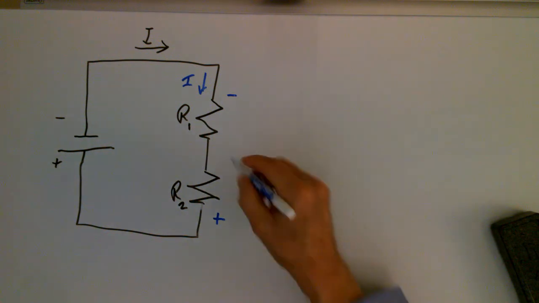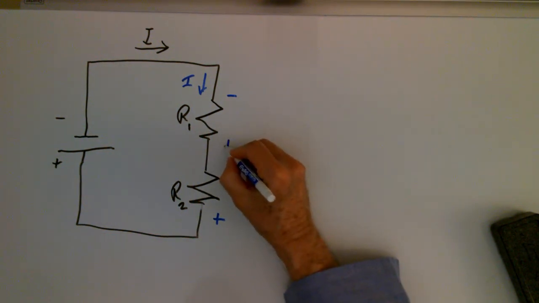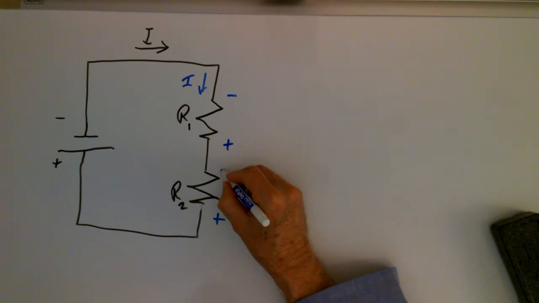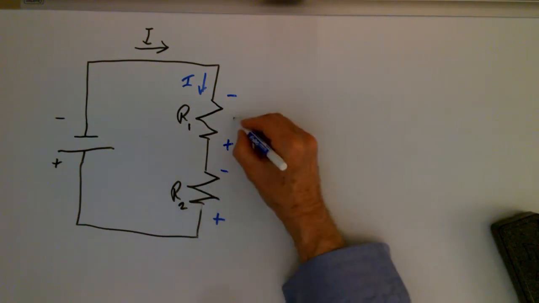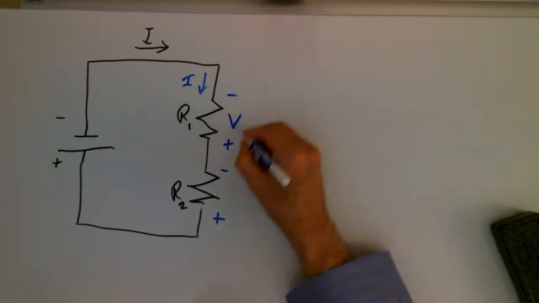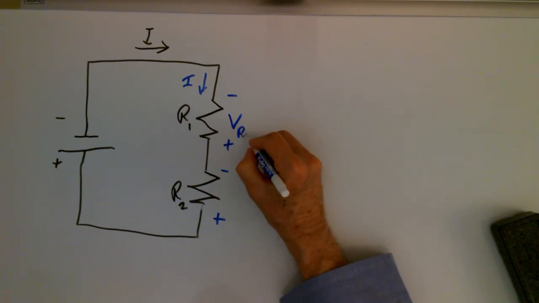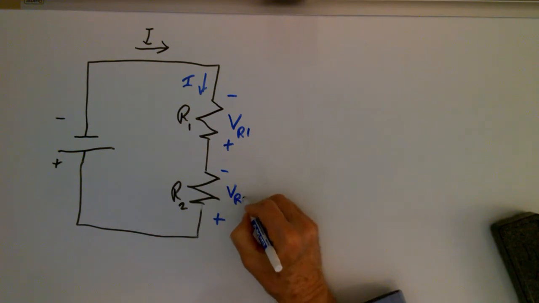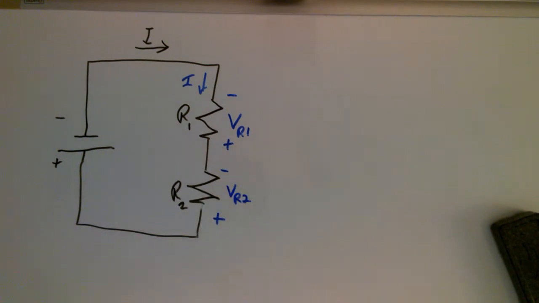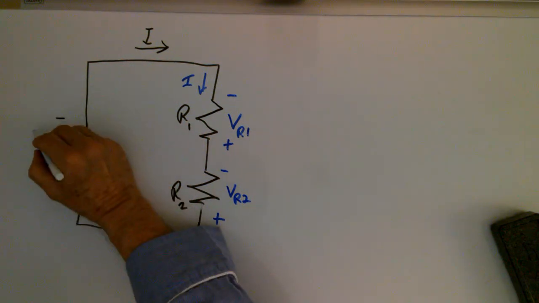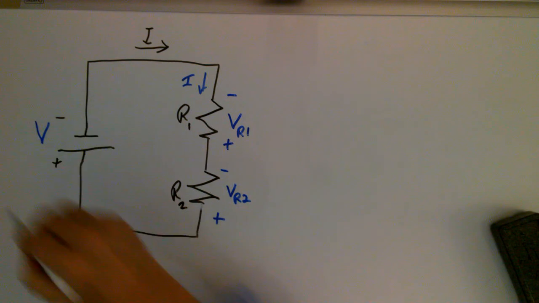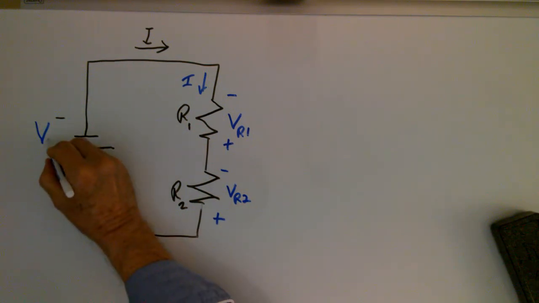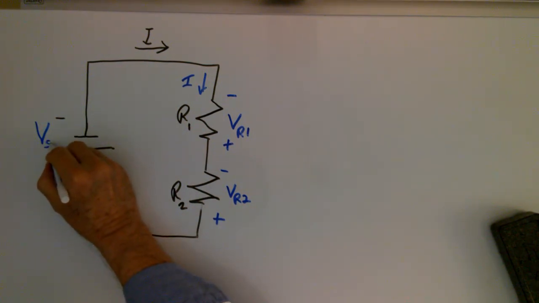So what I would find is I've got a voltage drop here, and I've got a voltage drop here, and we'll call this one the voltage drop across resistor 1, and this one is the voltage drop across resistor 2. And this, by the way, is my voltage source, and I'll put voltage source right here.